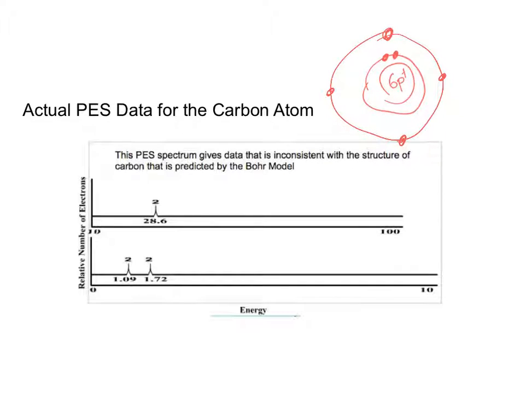But the way Bohr's model draws it, the second energy level has 4 electrons in it, and in the PES data there are 2 different peaks. If Bohr's model and the PES data matched up, there would only be 1 peak. And so that's why we are using the PES data, because it is significantly more accurate than Bohr's model.